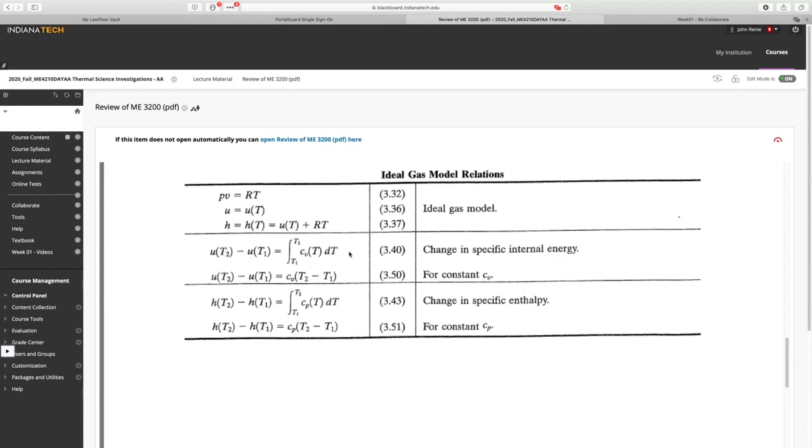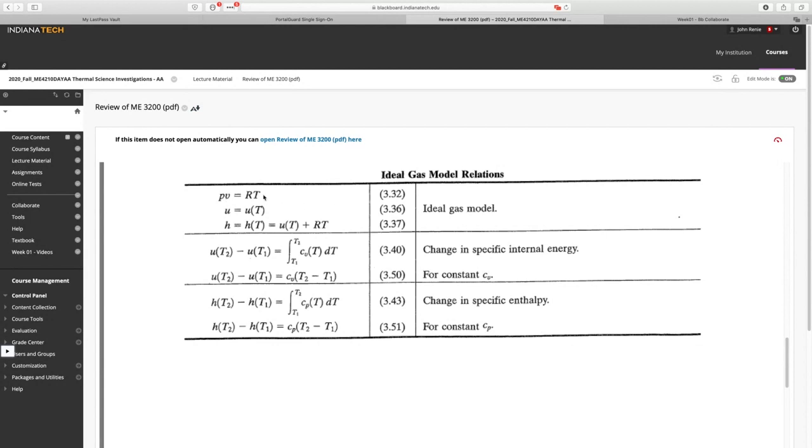If we're far enough removed from the dome because of the temperature and pressure assigned to the substance, we can assume that the substance behaves as an ideal gas. What that allows us to do is to have a very simple equation, probably one that you saw back in high school, for the relationship between pressure, volume, and temperature.